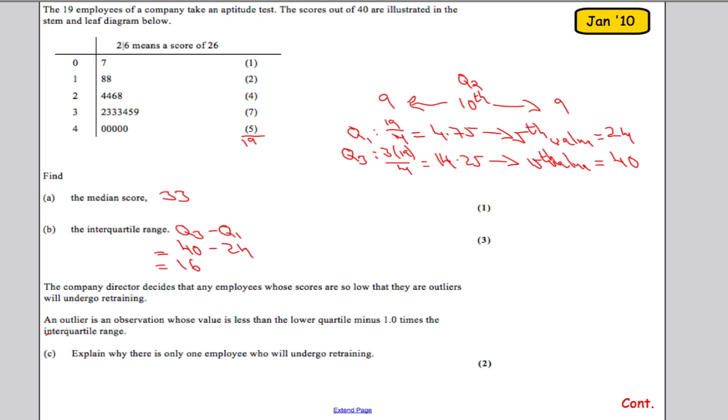So we just have to do this test for outliers. I'm going to take the lower quartile, which is 24, and subtract 1.0 times the interquartile range, which is 16. And 24 take away 16 is 8.